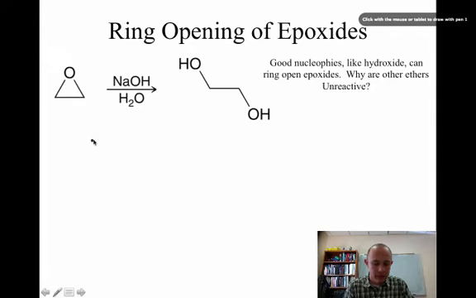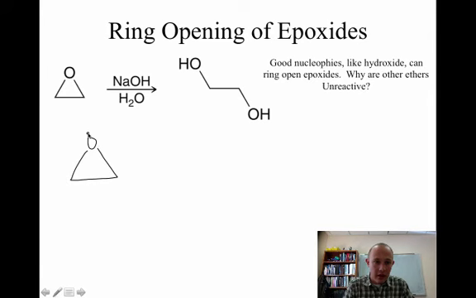You have your strained epoxide, right? Oxygens are partially negative. These two carbons are both partially positive. So either one could get attacked by the hydroxide, pop it open, and then we have a source of protons here to protonate that O- that we initially generate.